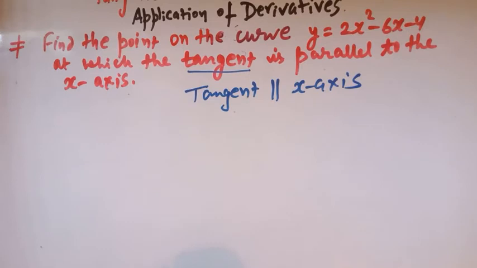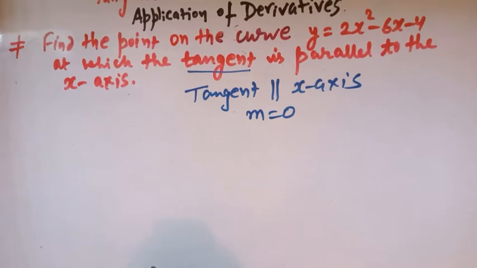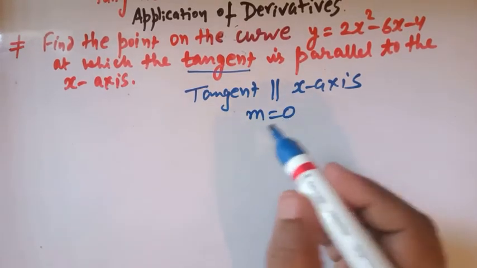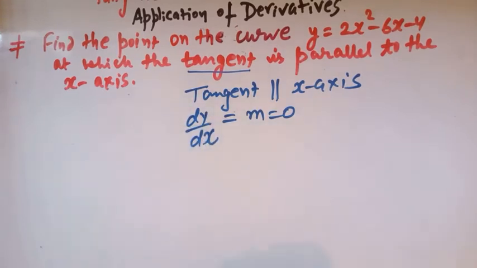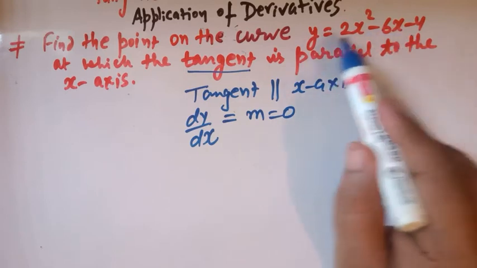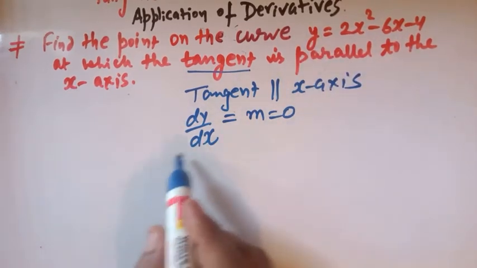Clear? So we know from coordinate geometry that if the tangent is parallel to x-axis, the slope must be 0, or m is 0. That is, the derivative must be 0. So what we will do here, we will differentiate this equation. So what is dy over dx?